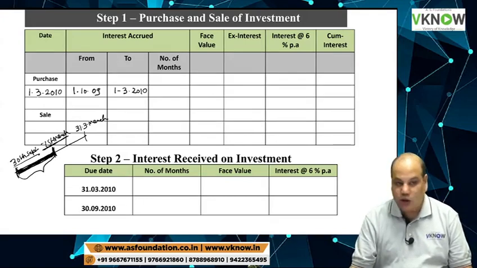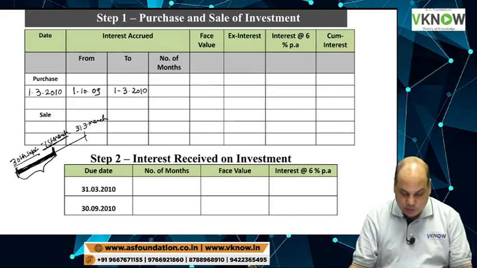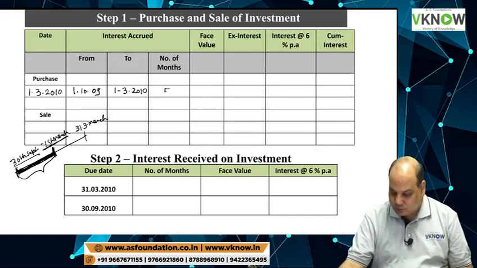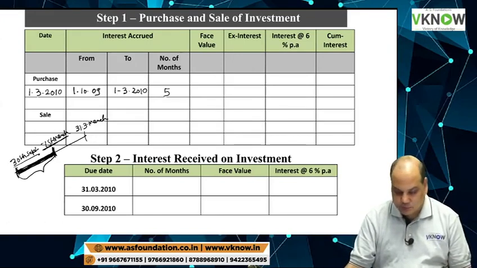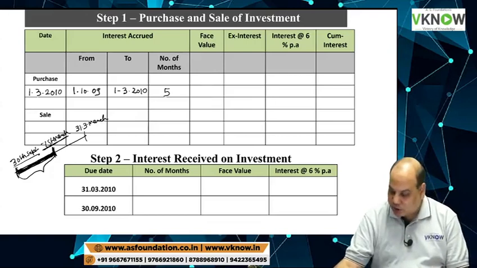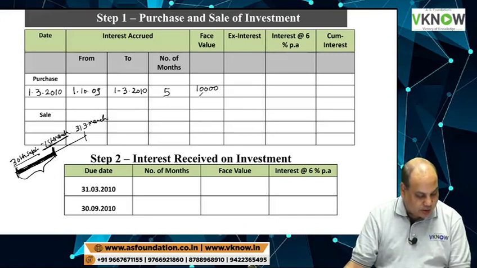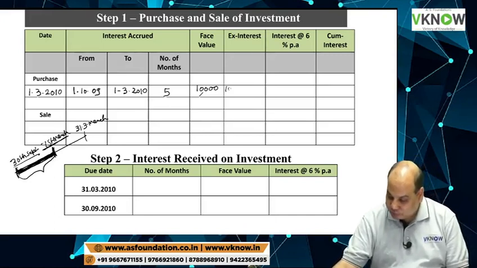So that is October, November, December, January, February. How many months do we have here? 5 months. Number of months 5. Face value, 100 units purchased means 100 into 100, 10,000. Purchased at 98 rupees, 100 into 98, 9,800.